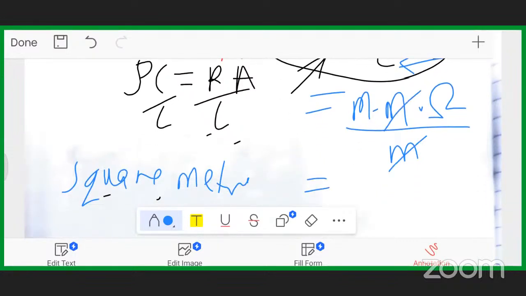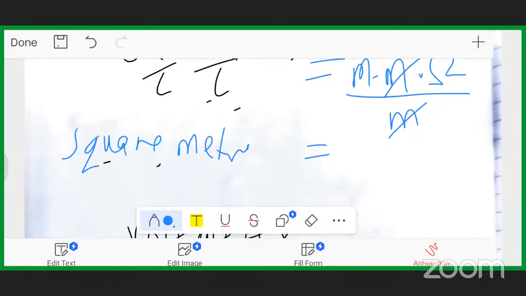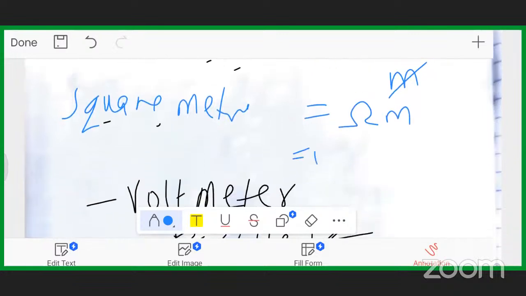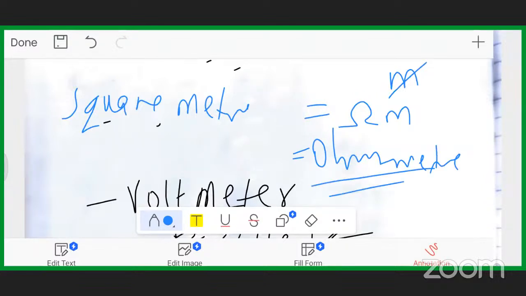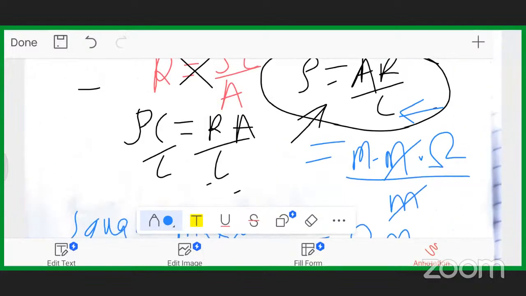M and M will cancel. Then you'll have the unit remaining as ohm meter. So this is called the ohm meter. That is the SI unit, ohm meter, of resistivity, like that.